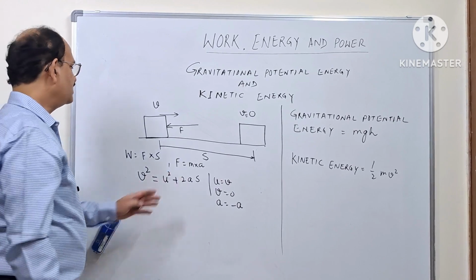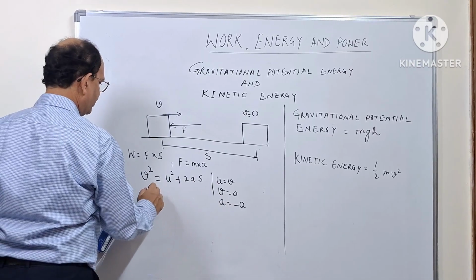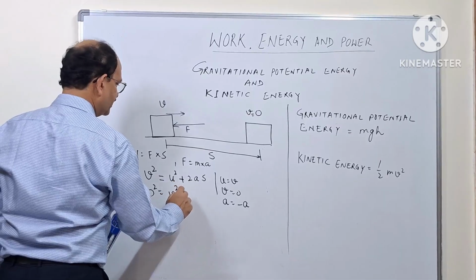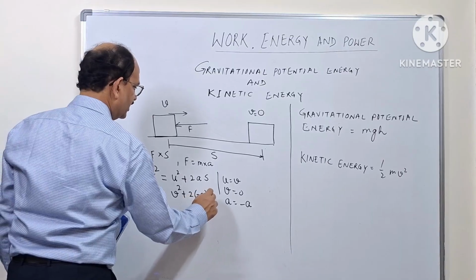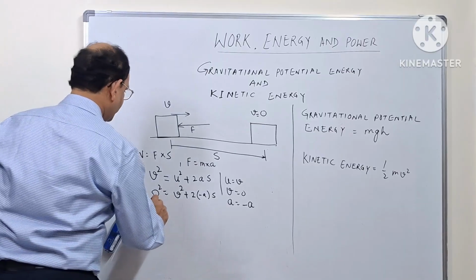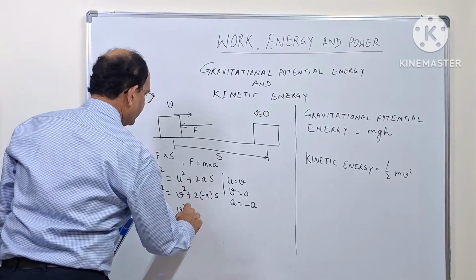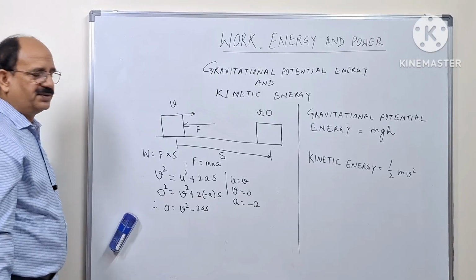So if we use these terms in this equation, what will you get? 0 square, u is nothing but the initial velocity v, which is v square, plus 2 times minus a into s, right? And therefore you can write 0 is equal to v square minus 2as, correct?